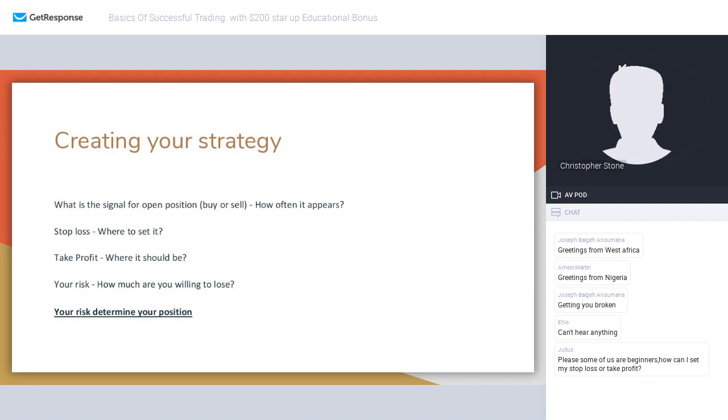I will show you in a minute how to set your stop loss and take profit, because it's quite important to set these things. Going to the web platform. Of course I will show you on an account how to set your stop loss and take profits, so you know absolutely how to do it.